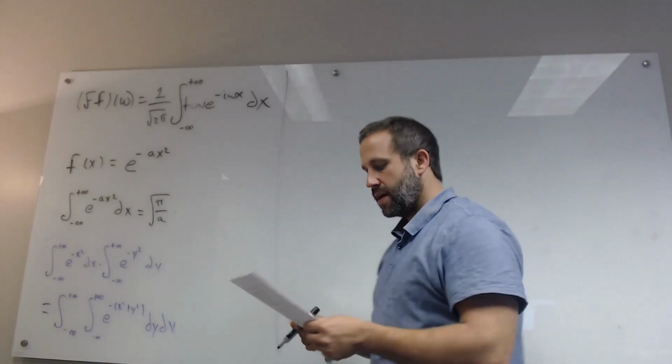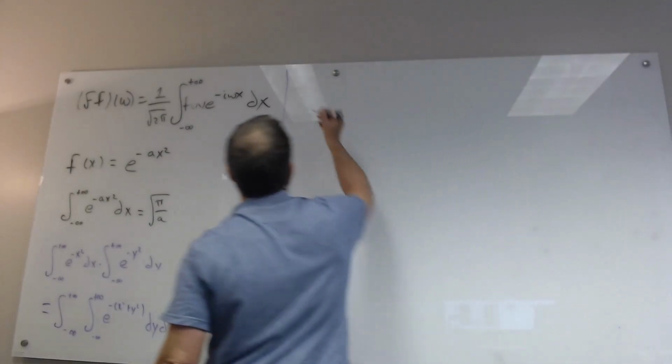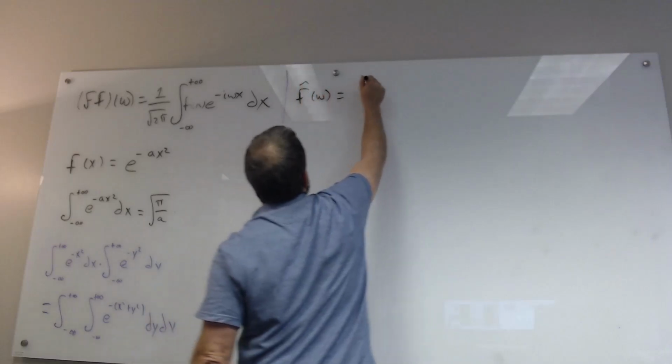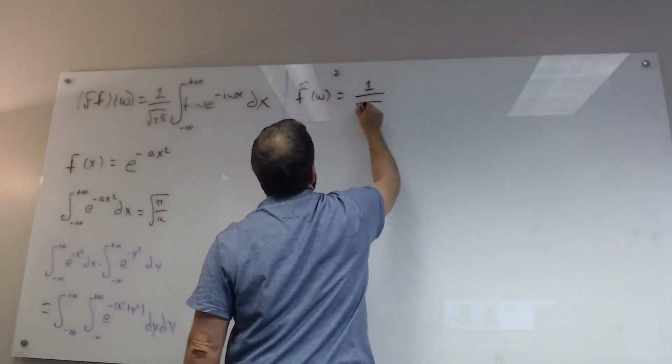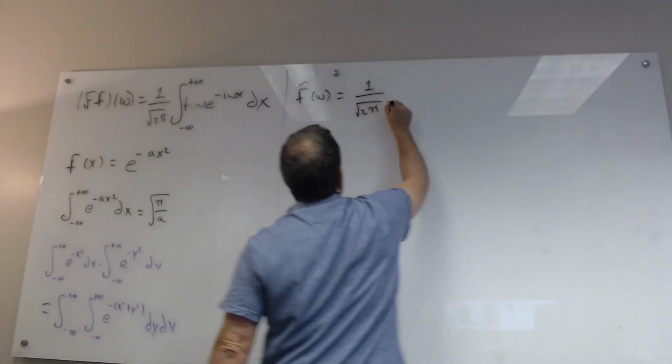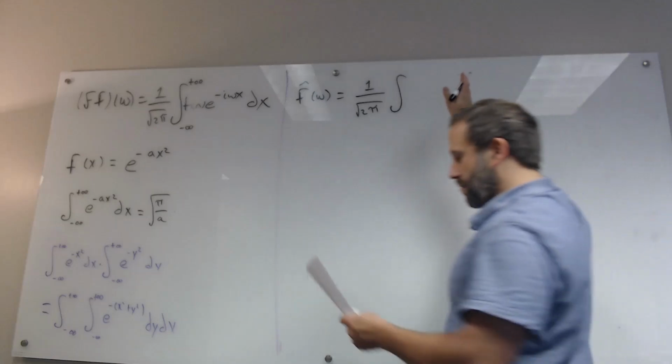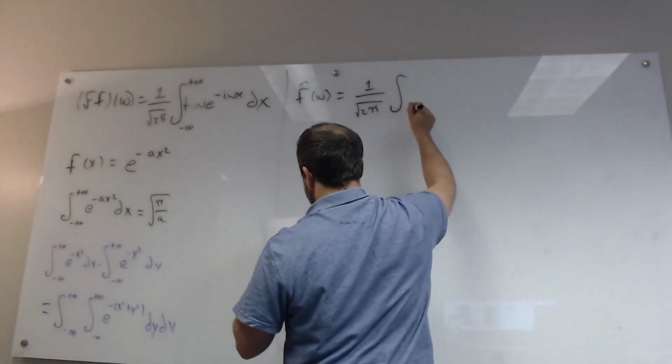So the formula for the Fourier transform is f hat of omega equal to 1 over the square root of 2 pi. I like that I have that in the definition.